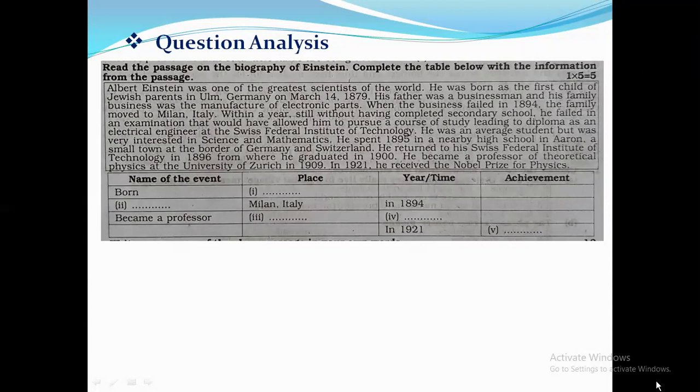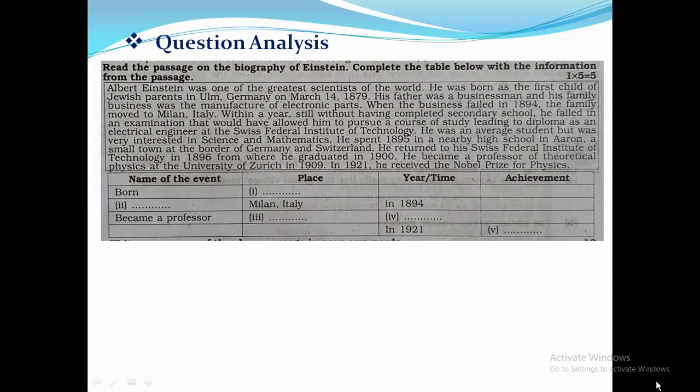In 1921, again underline it, he received the Nobel Prize, underline it, for physics, underline it. So in this way, you will read the text very carefully and underline all the keywords, all the expected answers. Now you have to find the information as per the table.